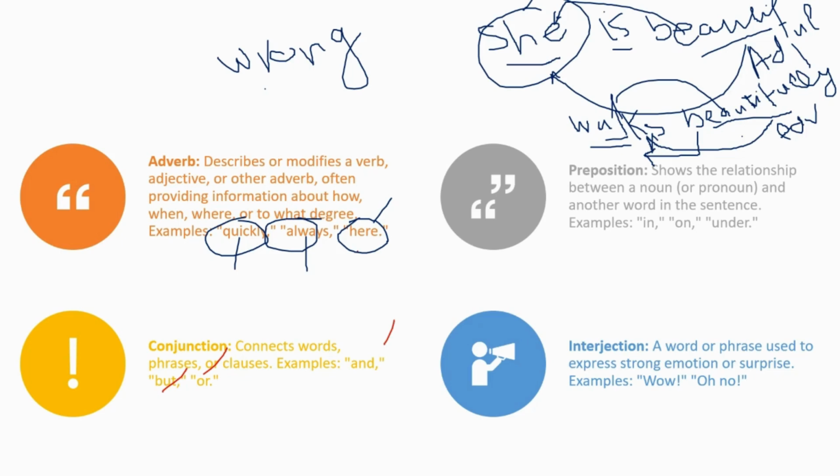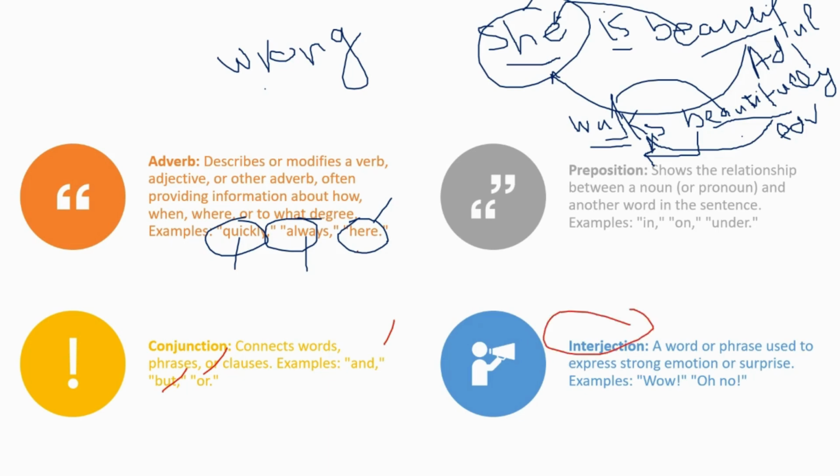She worked hard and succeeded. They tried but could not win the match. Or, either: I or you are responsible. So linking I and you, two nouns or pronouns.